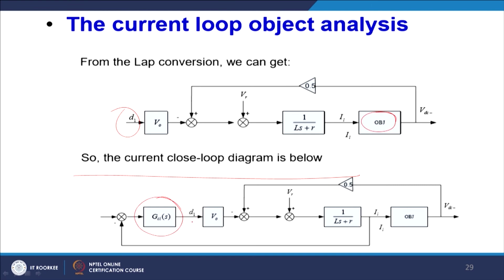From there you multiply with D 1, the duty cycle, which is multiplied by V 0, and the result is divided by your phase voltage V R, then through this inductor you get I 1, and that gives you the V D C. You require to control this control block of the current control loop.